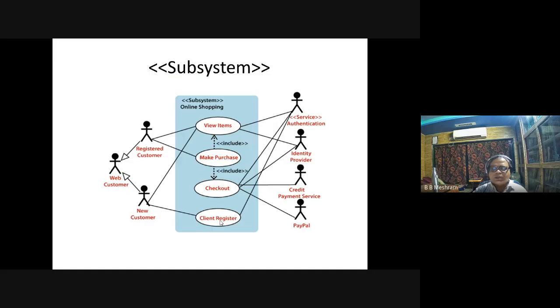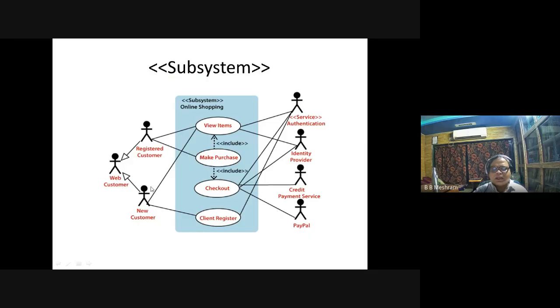These are the use cases. Now at the left hand side, registered customer is there, new customer is there, web customer is there. So web customer is a registered customer, web customer is a new customer.